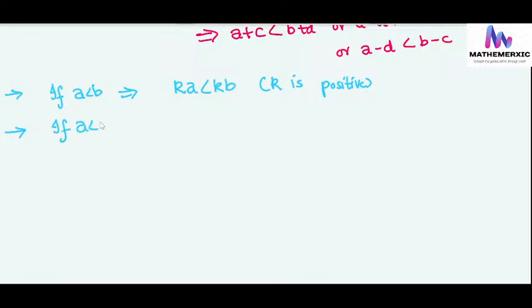A is less than B, kA is greater than kB if k is negative. Obviously, whenever a negative sign multiplies any inequality, the sign will change. That is the logic we can apply here.